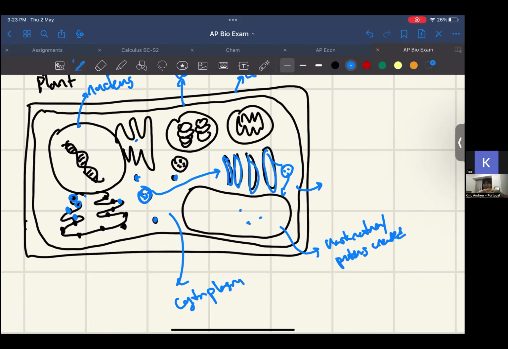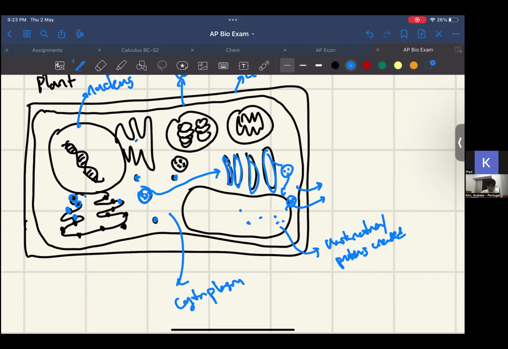It's like a massive storage place, right? You store all the waste materials or the proteins that are created already, but cannot yet be sent out of the cell. So this is a place where proteins stay for a little bit, and once the proteins can actually exit the cell, once again, vesicles will carry the proteins and deliver them outside of the cell.